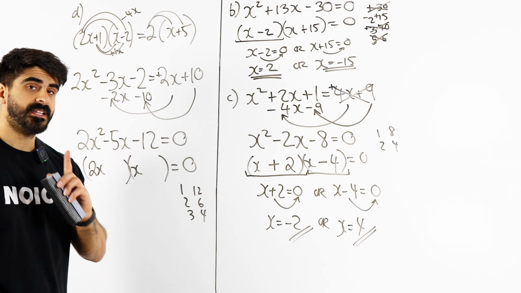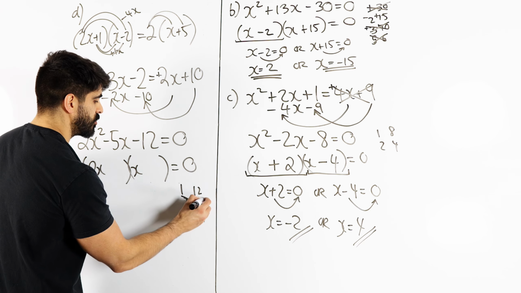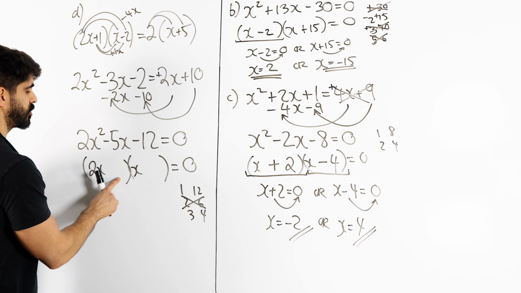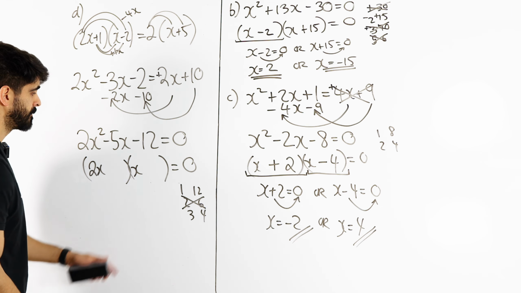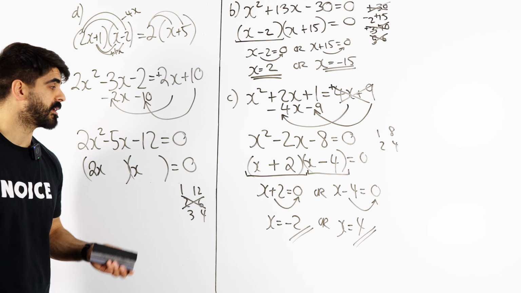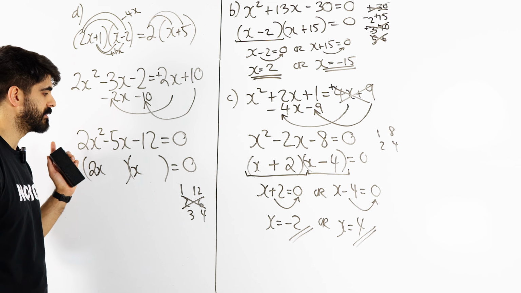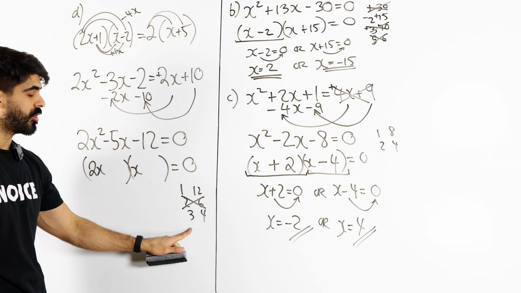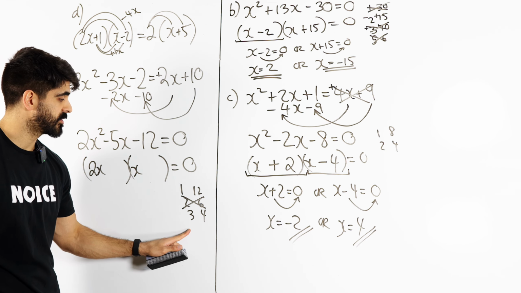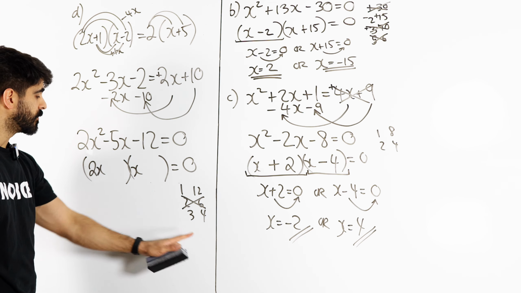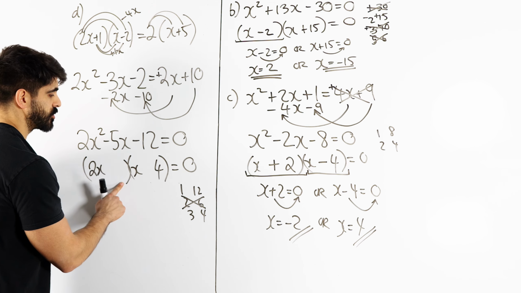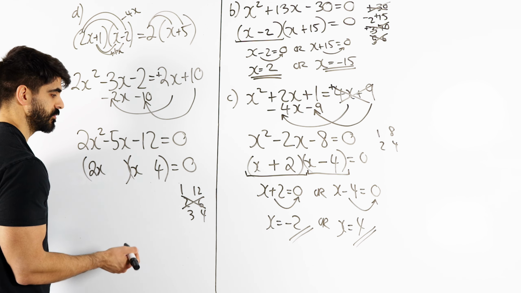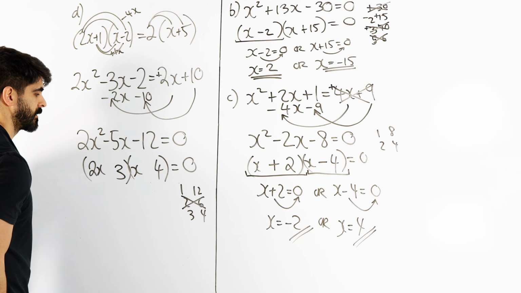I immediately know that 2 and 6 is not going to work because if either 2 or 6 goes here, you'll have two even numbers, not allowed, because you can't factorize out an even number here. 3 and 4, always pick the numbers closest together first. If I choose 3 and 4, the 4 cannot go here. It has to go here because you're not allowed two even numbers here or two multiples of 2. So we have 4 and 3.